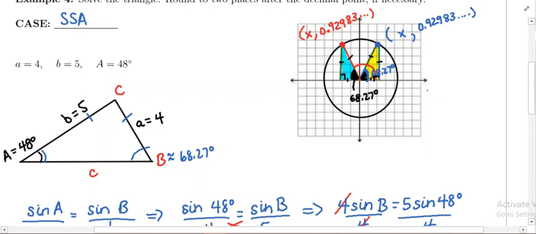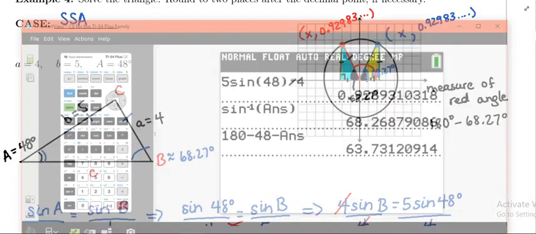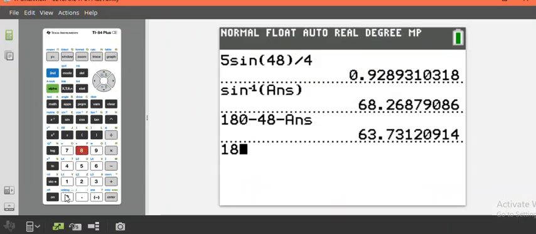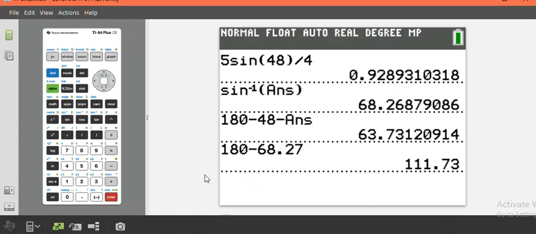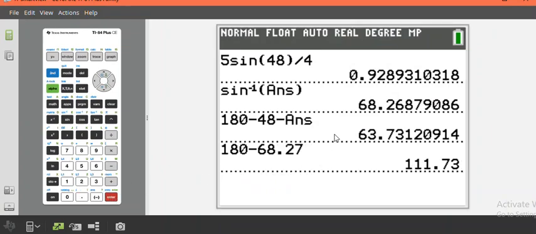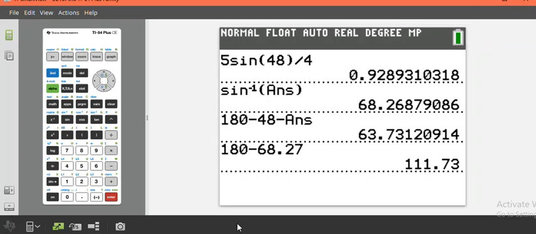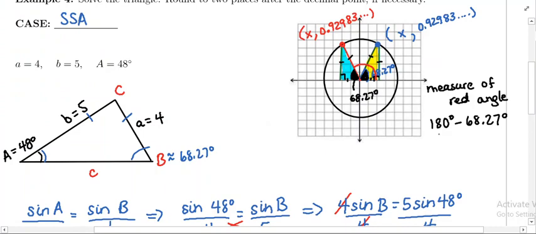So the measure of the red angle is 180 degrees minus 68.27, and I'm just approximating here. This other angle, 180 degrees minus 68.27, the red angle, is 111.73 degrees. So that's what this is.